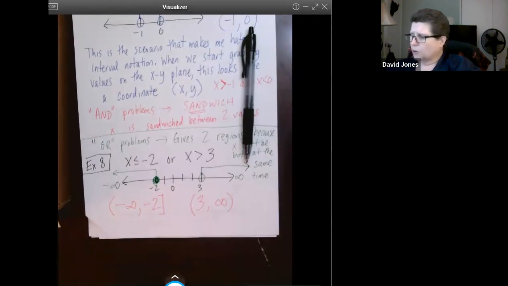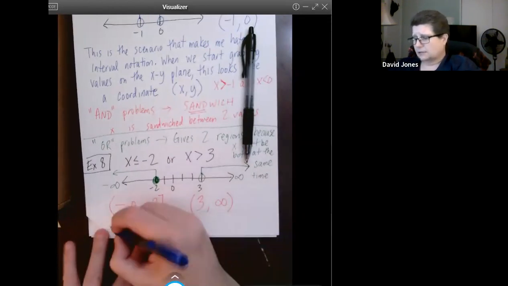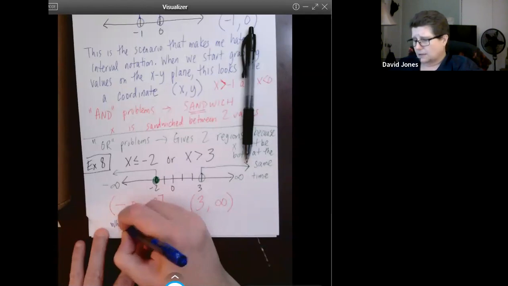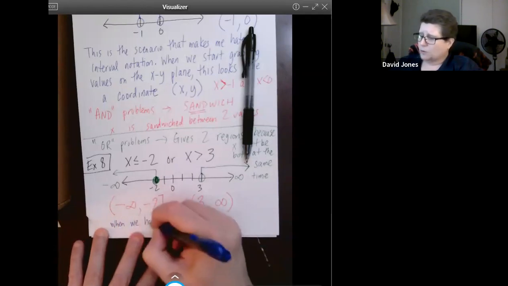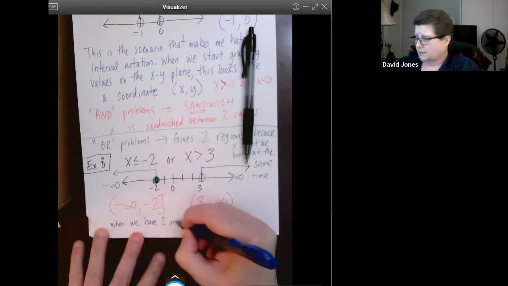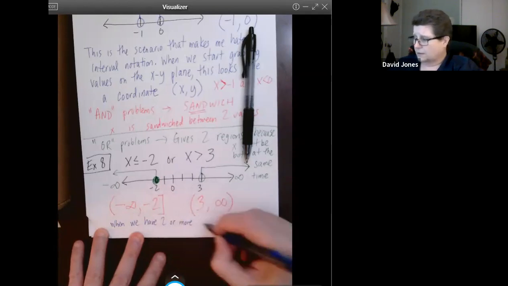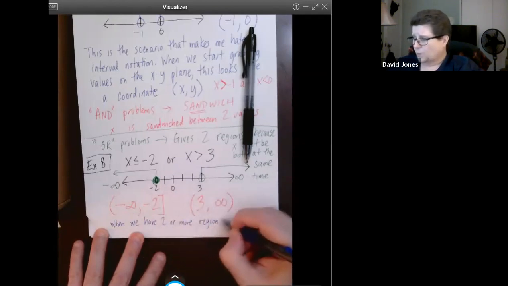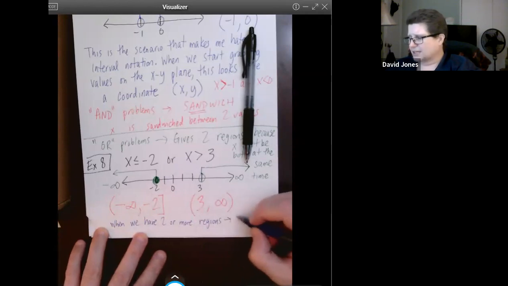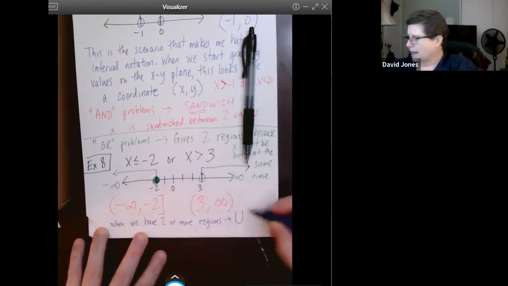With 2 or more regions, we use a capital U. It tends to be a wide U, and it means the union of regions.